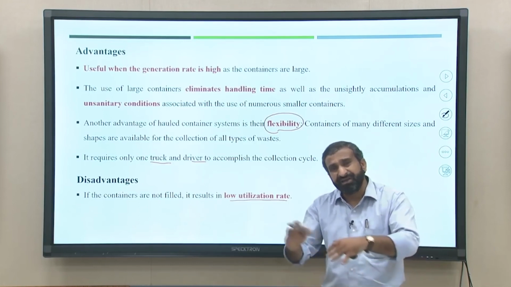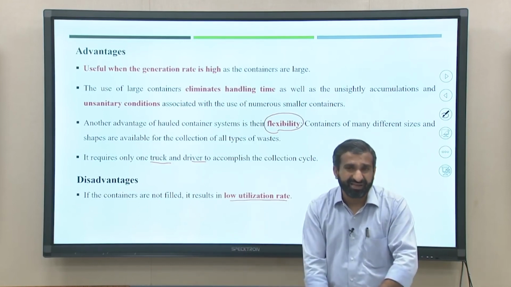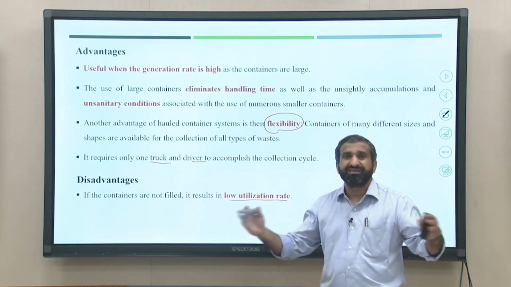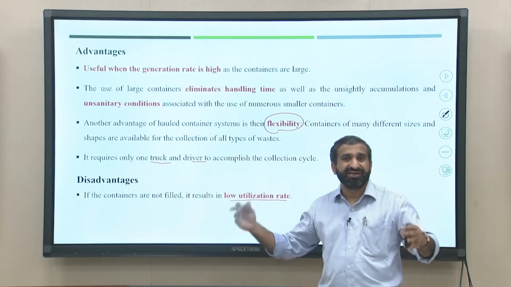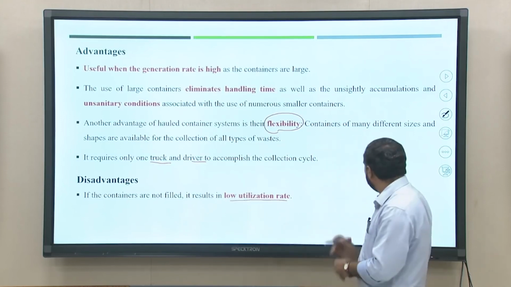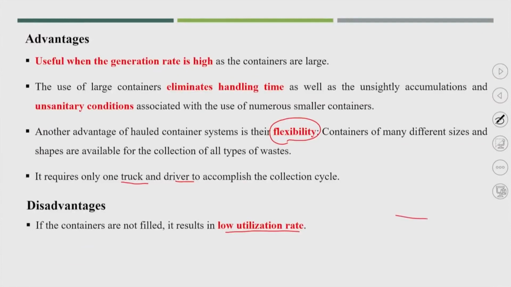But in many places it is possible that they have the haul container facility, but those containers are not getting filled up properly. I am just drawing one container here, so that you can understand.